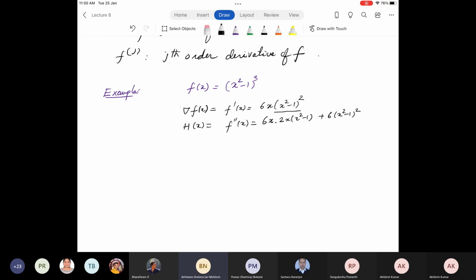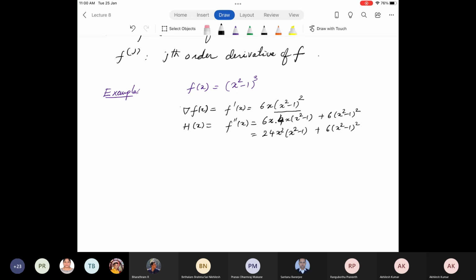Sir, another 2 will be there, in the first term. Yeah, right, 2 from there and there. So 24x squared into (x squared minus 1) plus 6 times (x squared minus 1) whole squared.